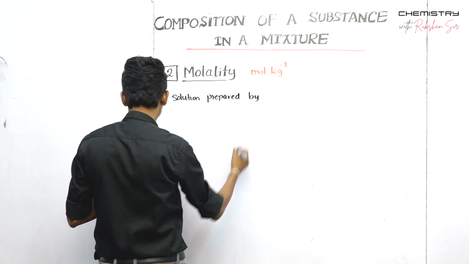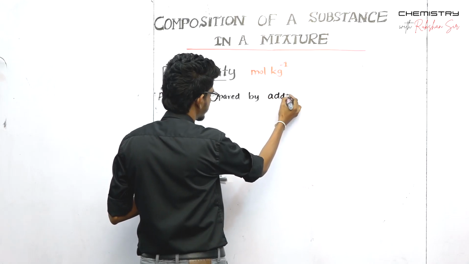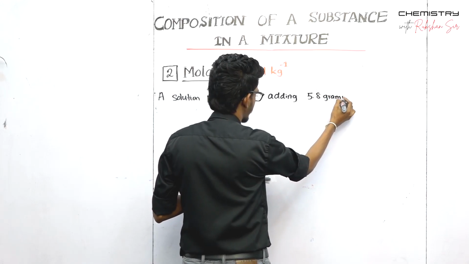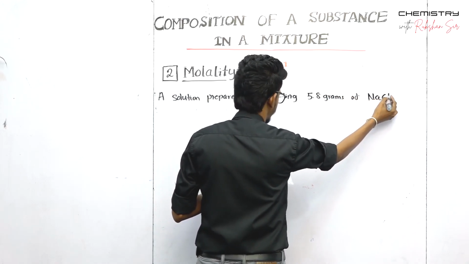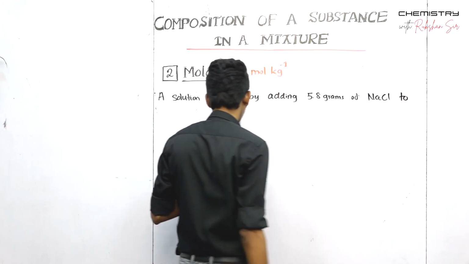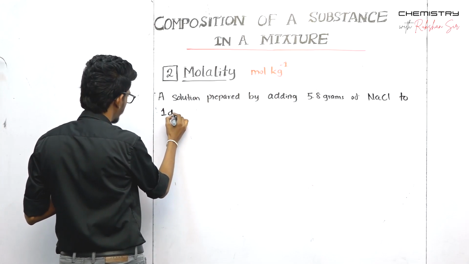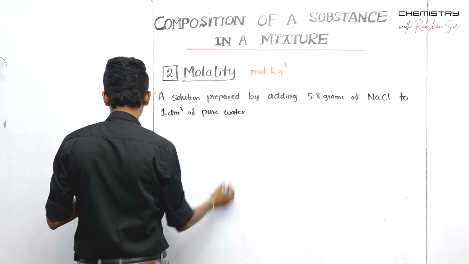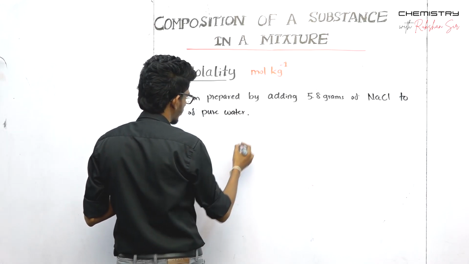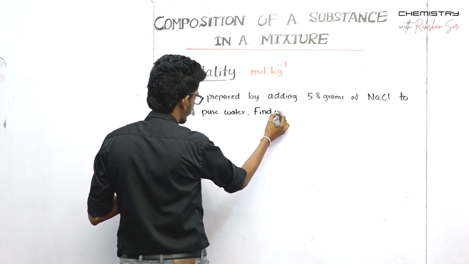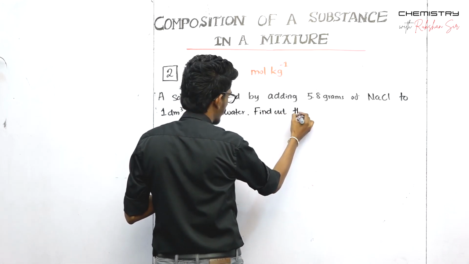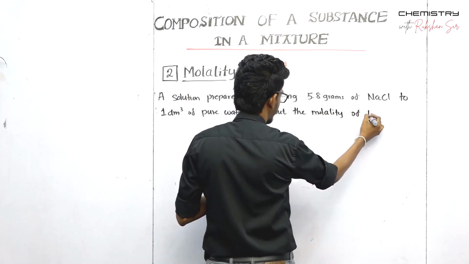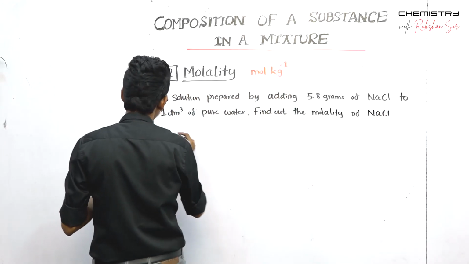A solution is prepared by adding 5.8 grams of NaCl to 1 decimeter cube of pure water, and they are asking to find out the molality of NaCl in this solution. That is the question here.